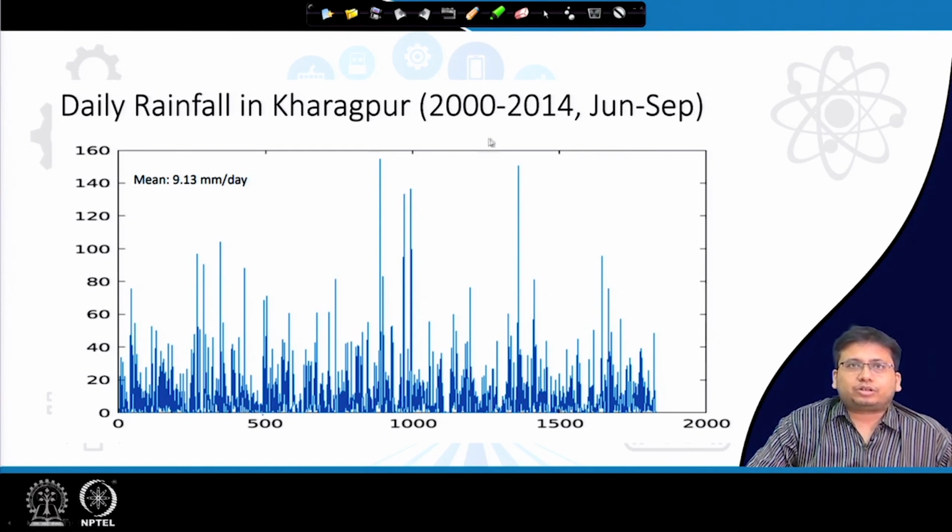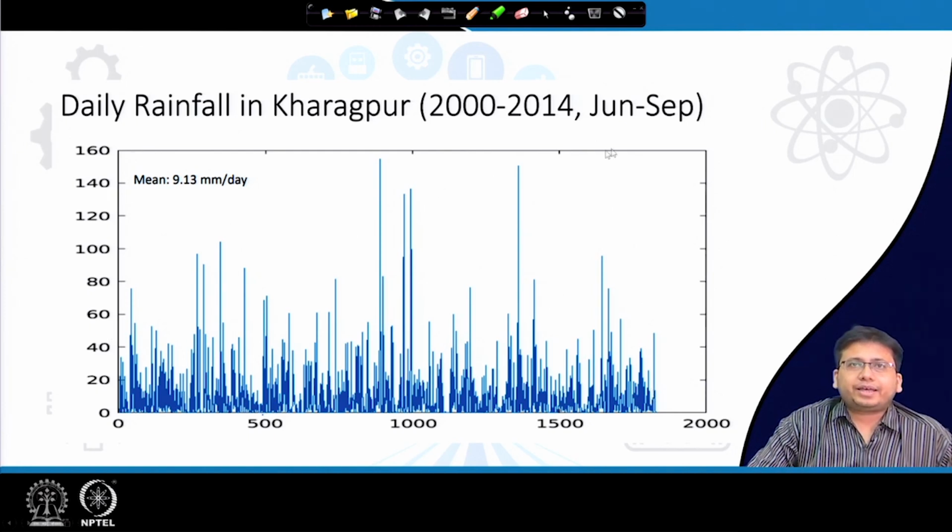In each year from 1st June to 30th September there are 122 days. So, the total number of days we are dealing with here is 15 into 122, which is 1830. That many data points we have, and on each of those days we have these measurements of rainfall.